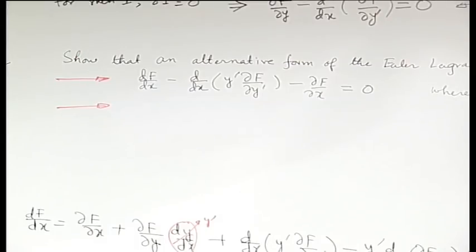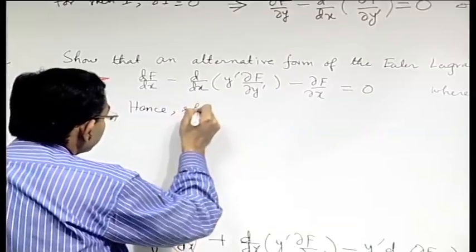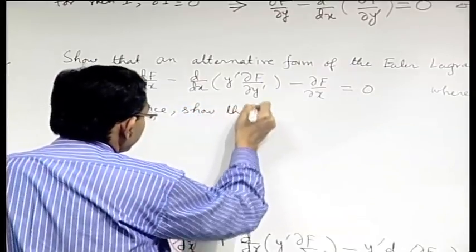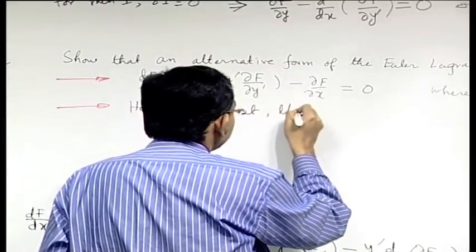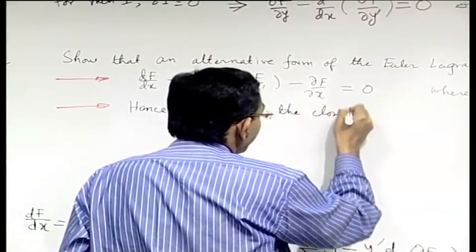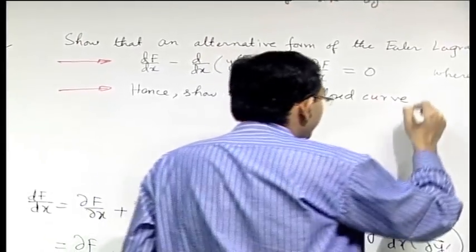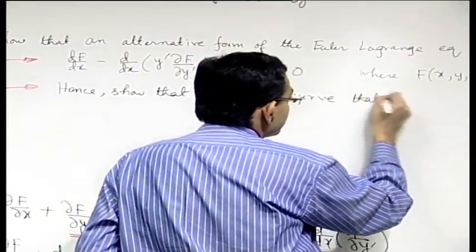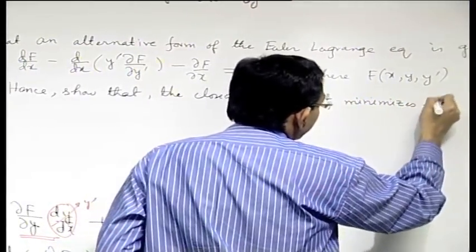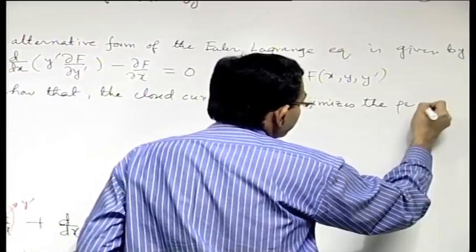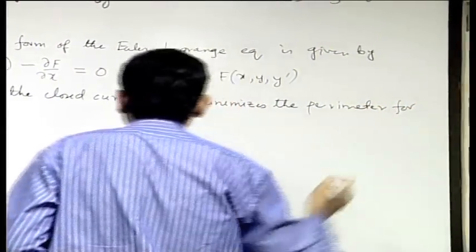Hence, show that the closed curve that minimizes the perimeter for a given area is a circle.